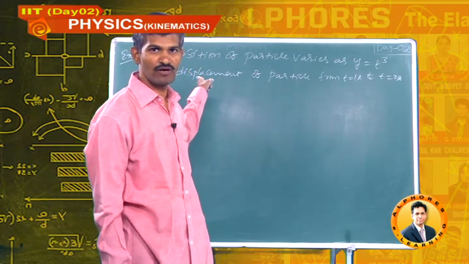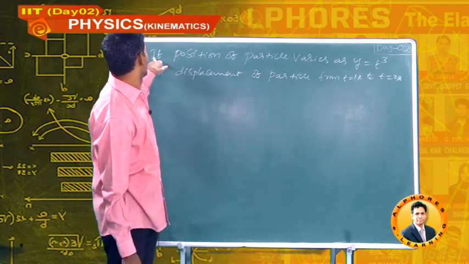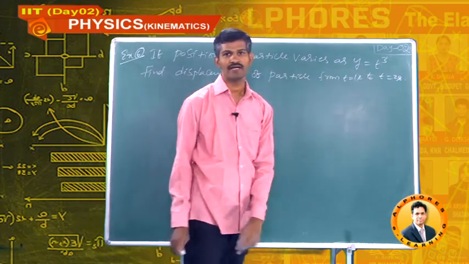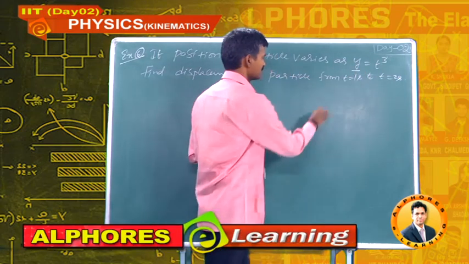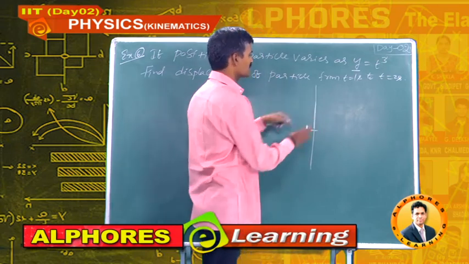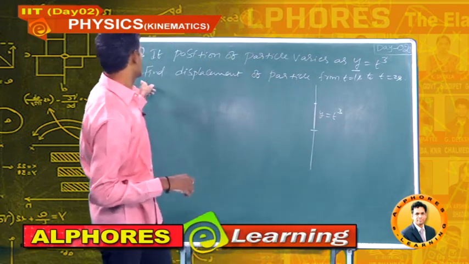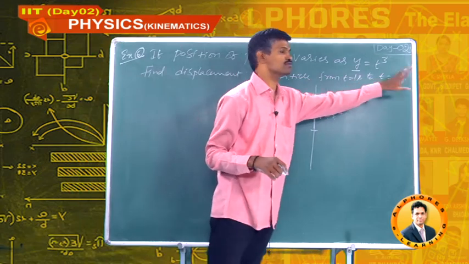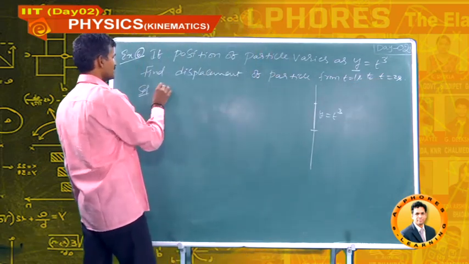Students, I am explaining one more important problem. If the position of a particle varies as y equal to t cube, it means this particle moves only on the y axis. It obeys the equation y equal to t cube. So they are asking, find the displacement of the particle from t equal to 1 second to 2 seconds. What is displacement?